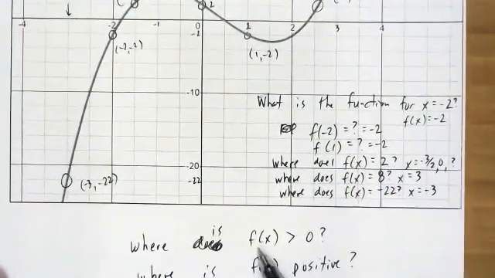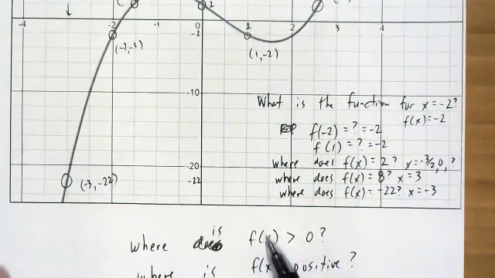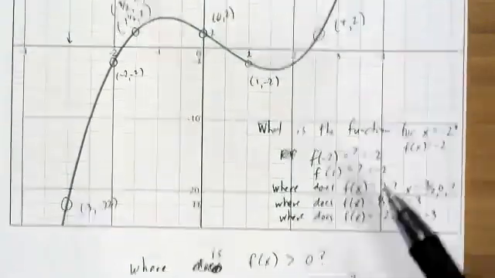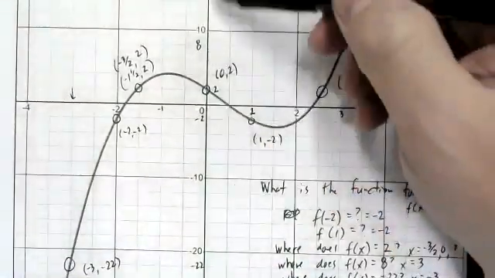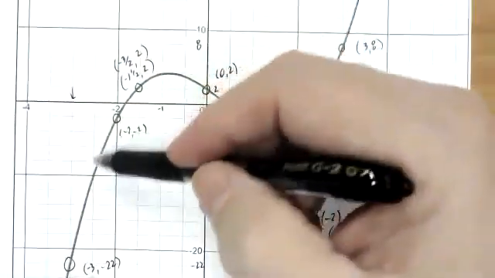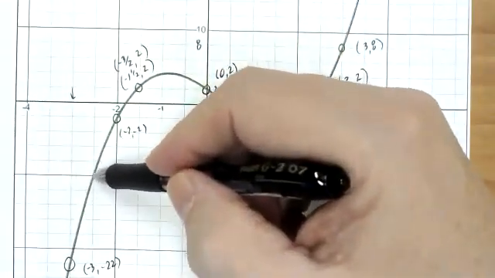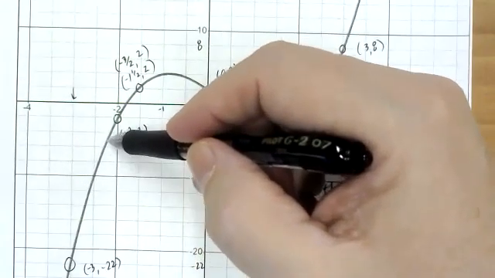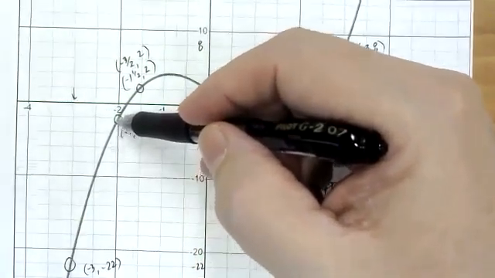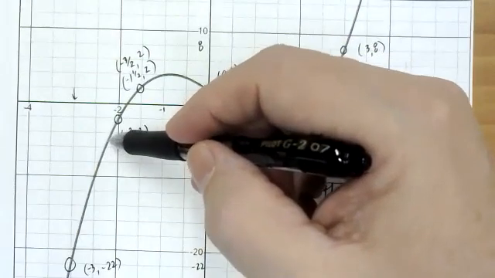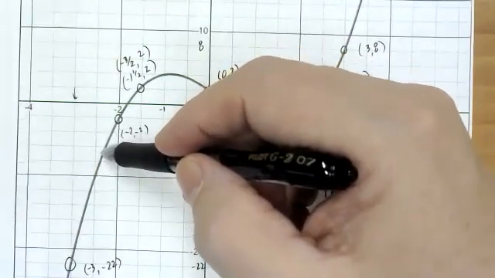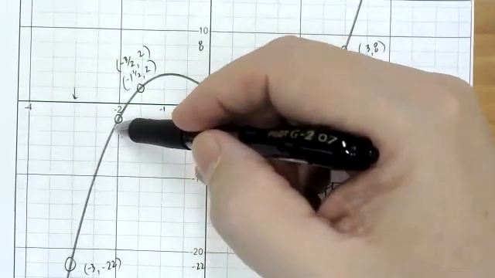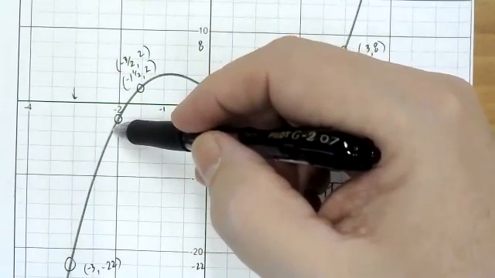So I'm going to look at my function, and I'm going to look at where is the function greater than 0? Well, the function, once again, is my vertical. So let's just start moving along this function. Down here, if I would stop and look at these points, let me just ask a simple question.